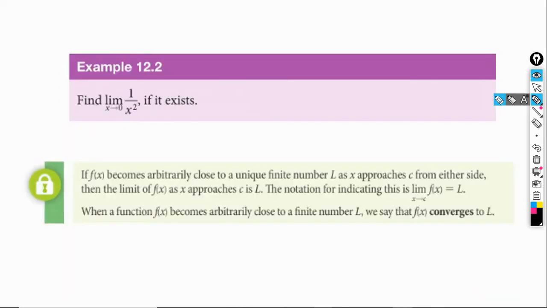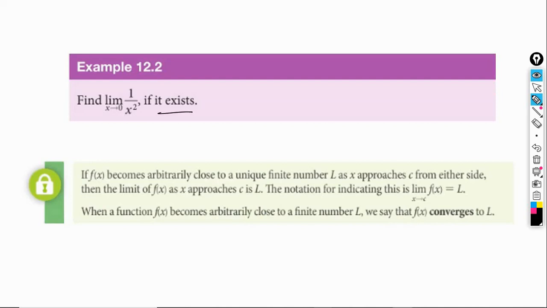So here we are with example 12.2, and they ask us to find the limit as x approaches 0 of 1 over x squared if it exists. That's a hint already. But before we do example 12.2, let's look at this important definition, because this is the official definition of what a limit is.